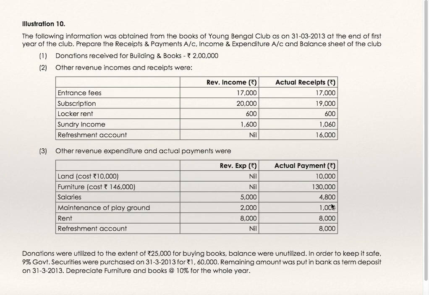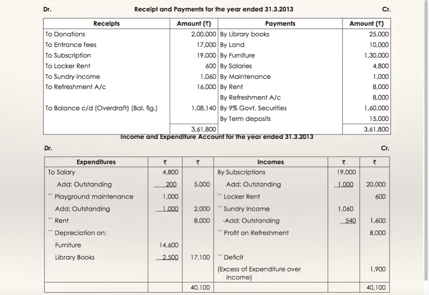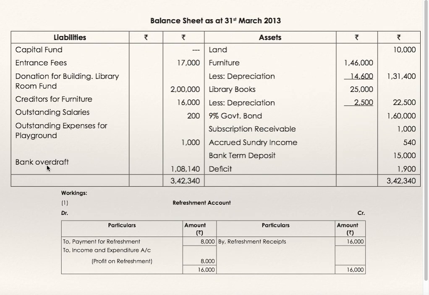Maintenance of playground they have paid 1,000 but revenue is 2,000. That means 1,000 is outstanding. Playground maintenance 1,000 plus outstanding 1,000, total is 2,000. This 1,000 outstanding you will find on the liability side. Outstanding expenses 1,000.